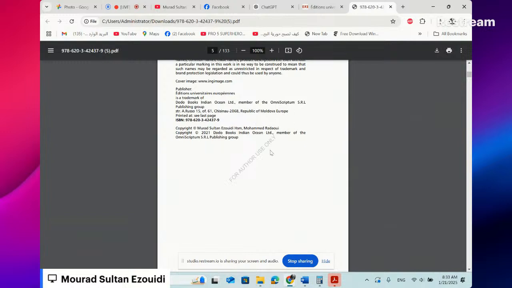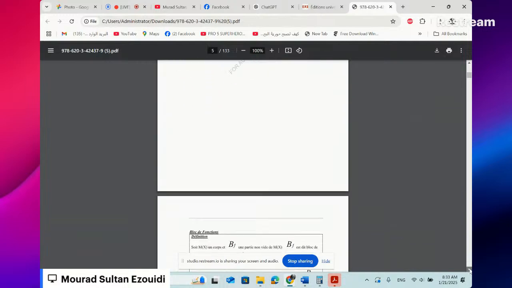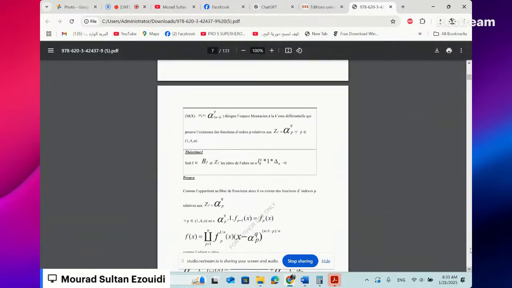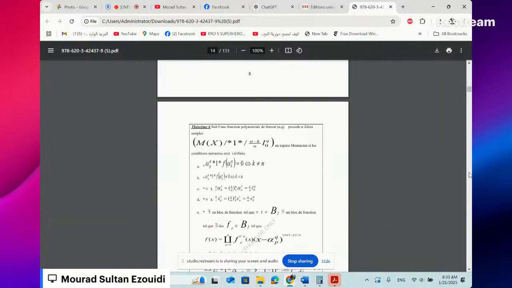So no one can use my theorem, but it's an occasion for you to learn how to work with a polynomial to the power n. Let's focus on the formula that I really use now.